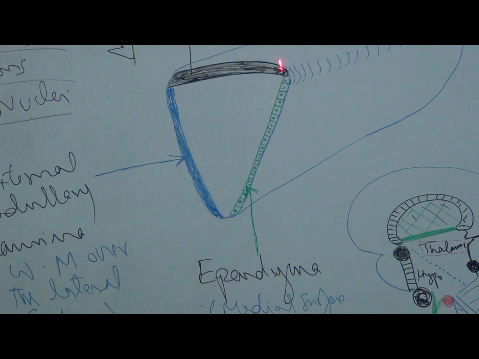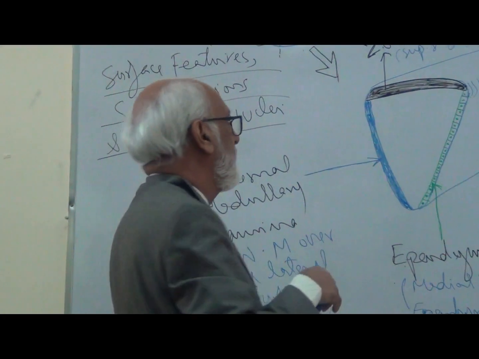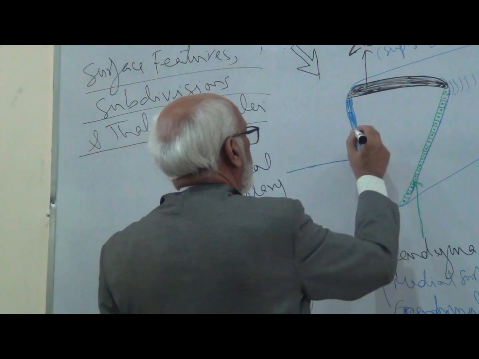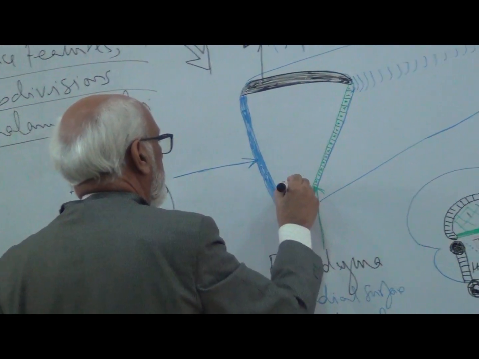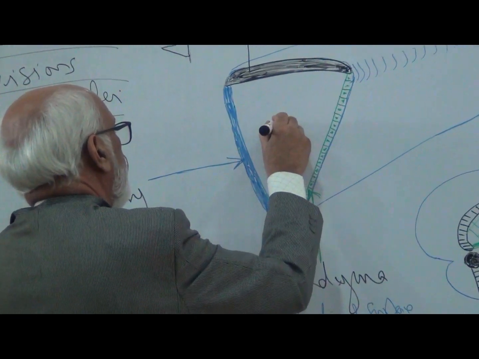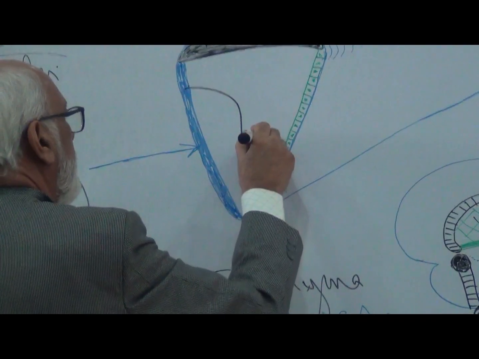Now, thalamus is divided into three parts with the help of another layer of white matter known as internal medullary lamina. Embedded in the gray matter, again there is a white matter, which is known as the internal medullary lamina.